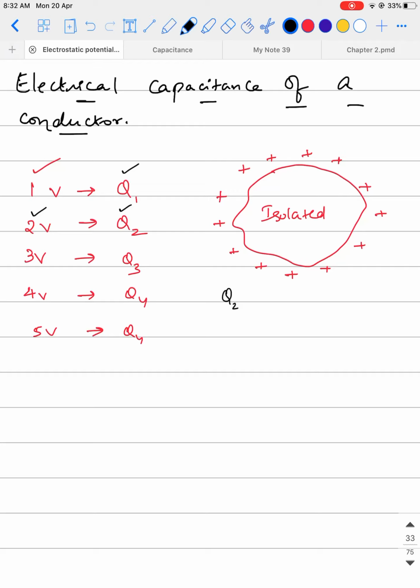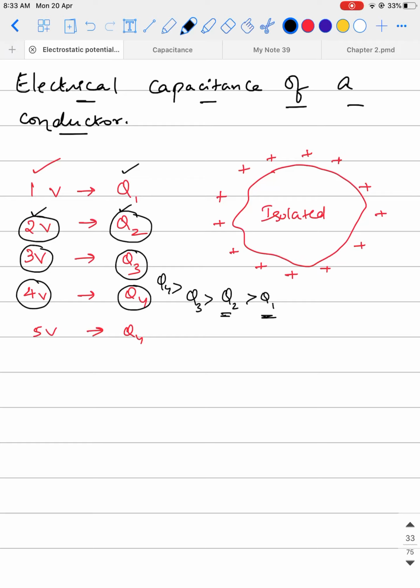Q2 should be greater than Q1, because as you keep increasing the input, the charge deposited on the plates will increase. Similarly, at 3 volt, Q3 is greater than both Q2 and Q1. At 4 volt, it is Q4, which is greater than the previous ones.